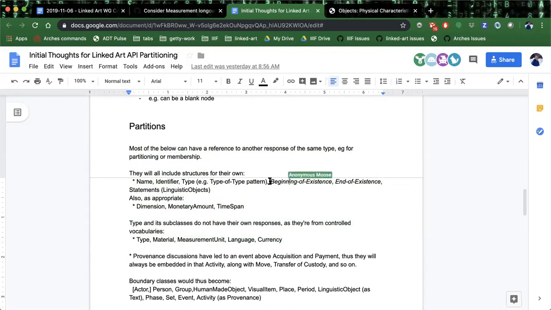Then all of the beginning of existence and end of existence events and activities would be embedded within the thing which they are the beginning or end of existence of. So the production of an object is included in the object's record, object's document, and the destruction of the object is also equally included in it. The reason for this is from the one-to-one-ness of it, at least in the Linked Art profile.